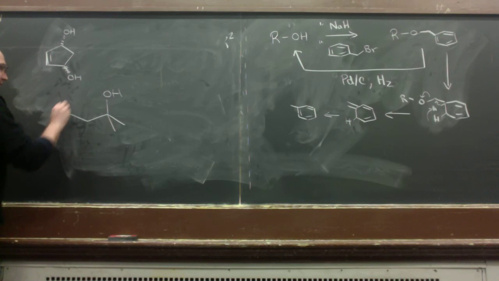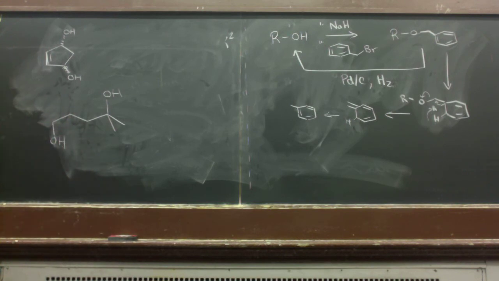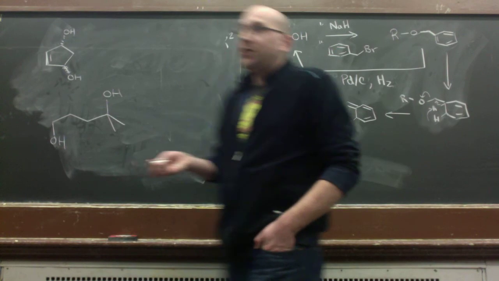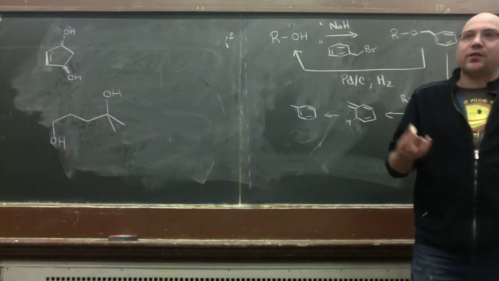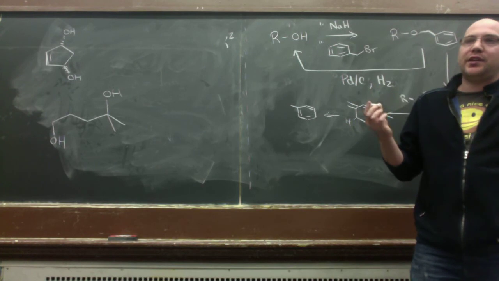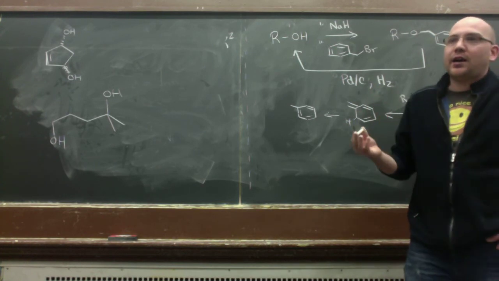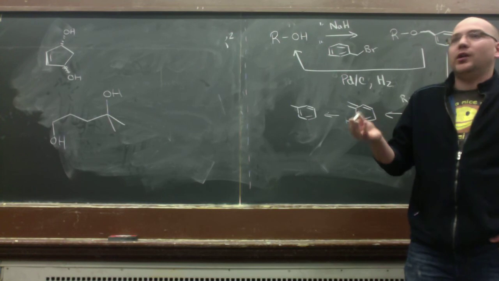Now, if it's not necessarily symmetric, if it's, say, something like this, a non-symmetric diol where there could be differences in the chemistry, then you can certainly protect one over the other. And you guys might even be able to predict how you might do one over the other.